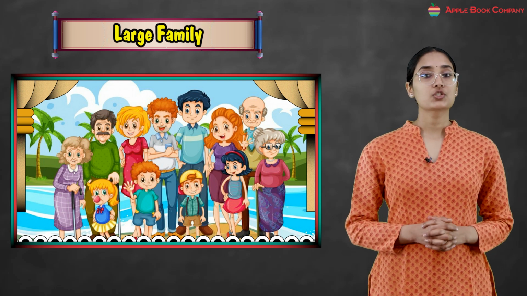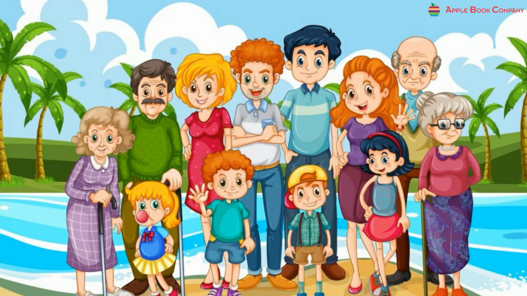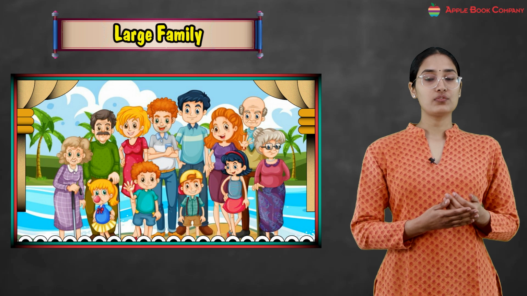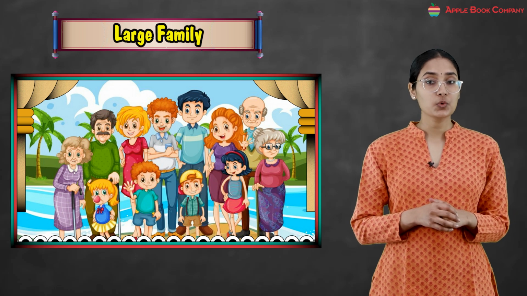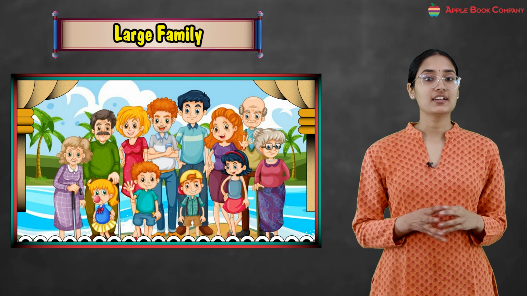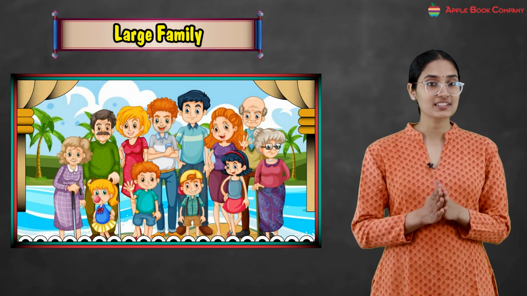That's called a joint family. Children of our uncles and aunts are known as our cousins, right? They are the children of our uncles and aunts with whom we play and share things. Those are called our cousins.